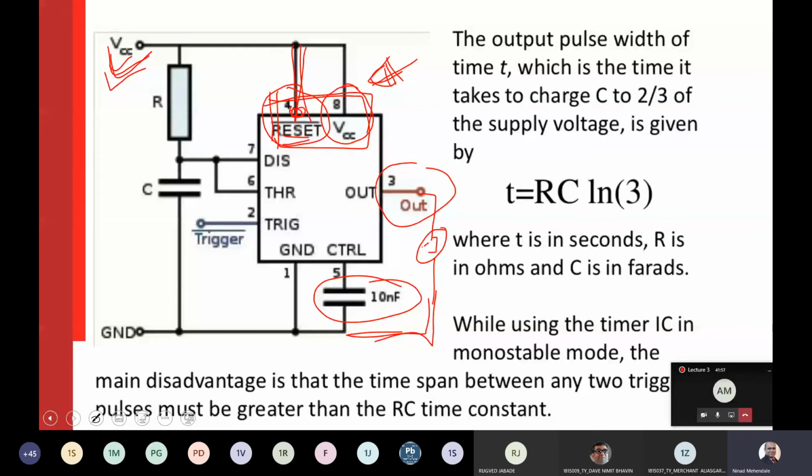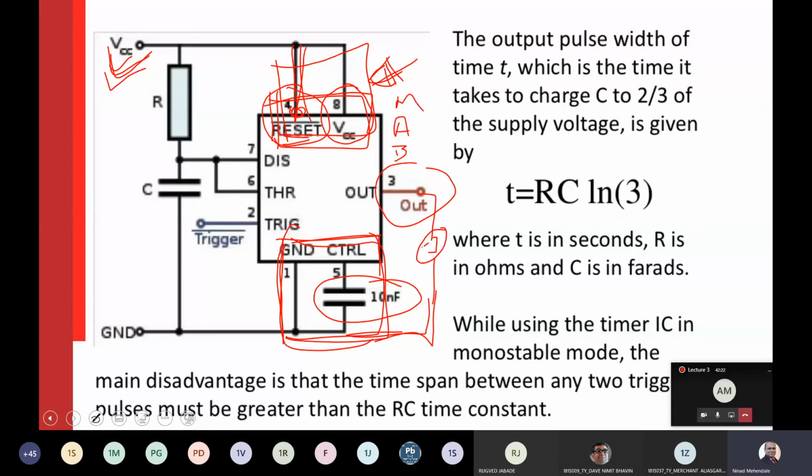Pin number 1 is the ground pin of the IC. So irrespective of whichever mode your IC is working in, you should always make these connections. Only in some special case applications are these connections not made this way. But this is the basic connection for all three modes: astable, bistable, and monostable.